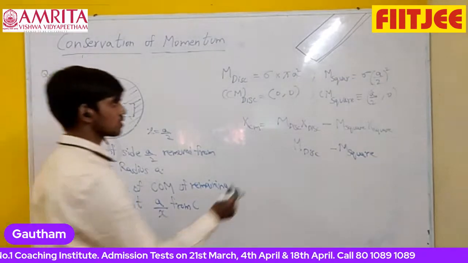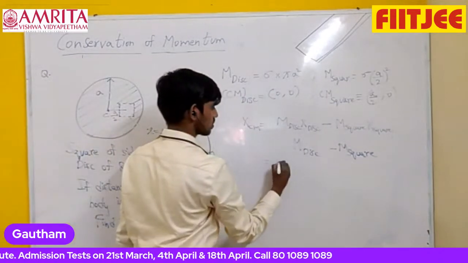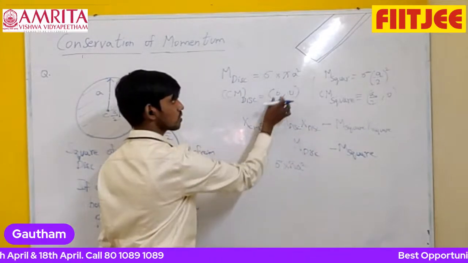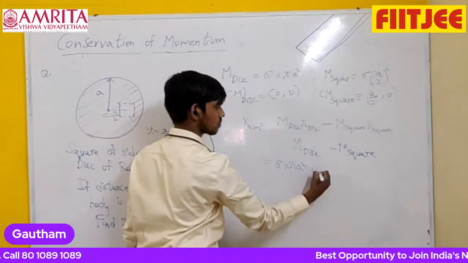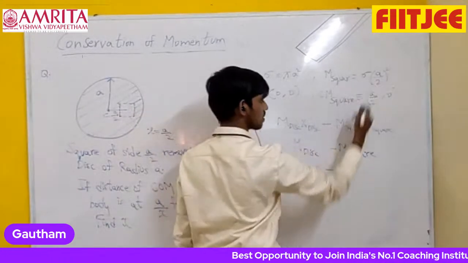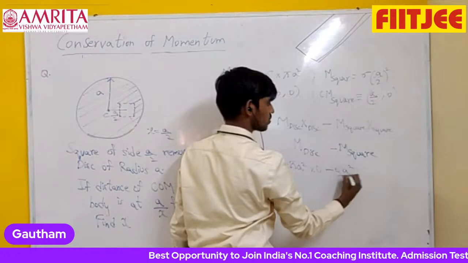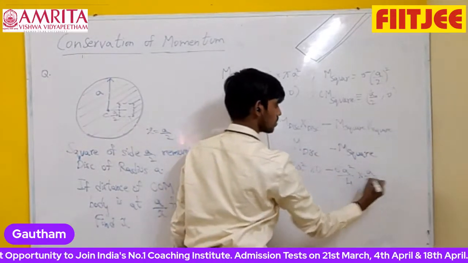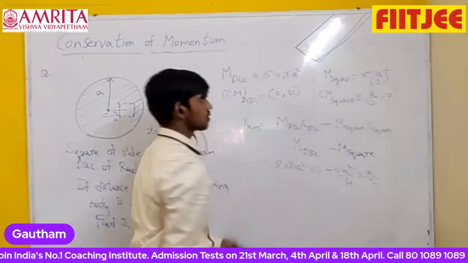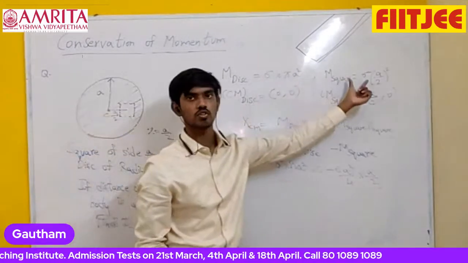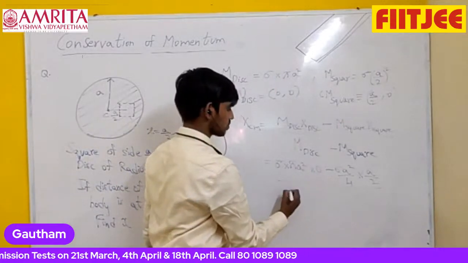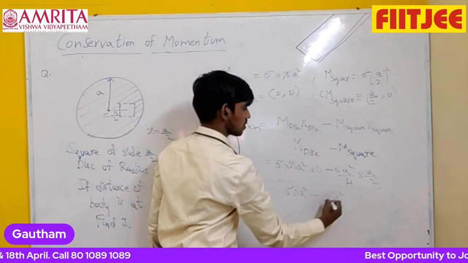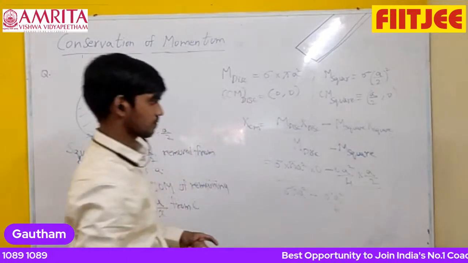We are writing the values. The disk has a mass of sigma into pi a square, and its x coordinate is 0, minus the square, which has a mass of sigma into a square by 4, and x coordinate a by 2, divided by the mass of this disk minus the mass of the square. So sigma into pi a square minus sigma into a square by 4.